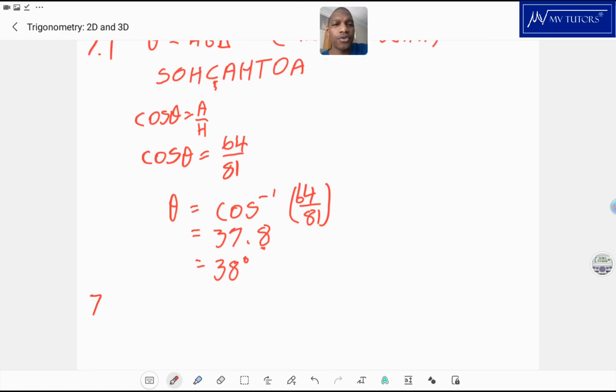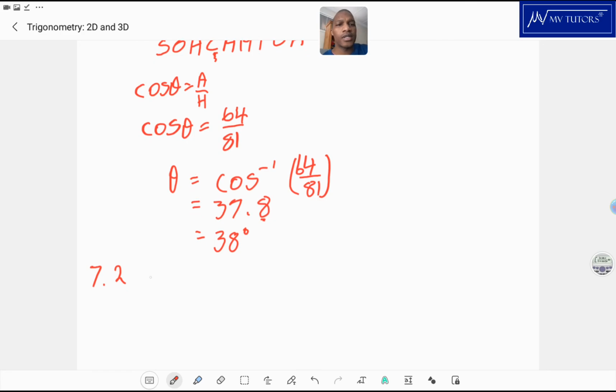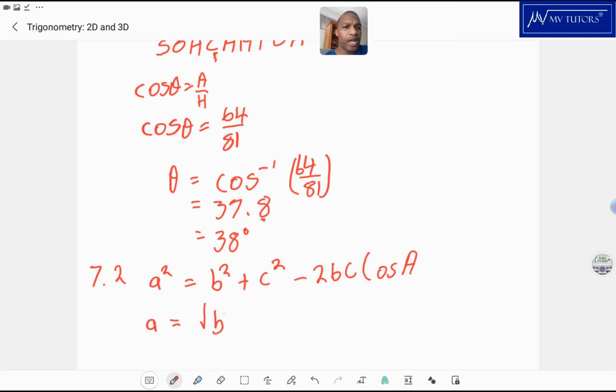Now remember the cos rule. This is an angle A, so it's A squared equals B squared plus C squared minus 2BC cos A. But if we want A on its own, then we have to put everything else under a square root, just like this.